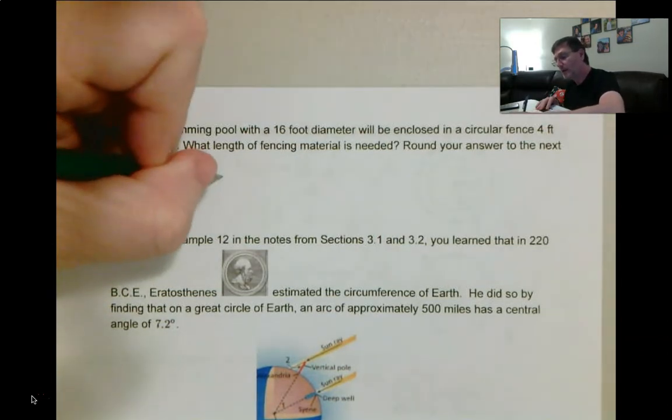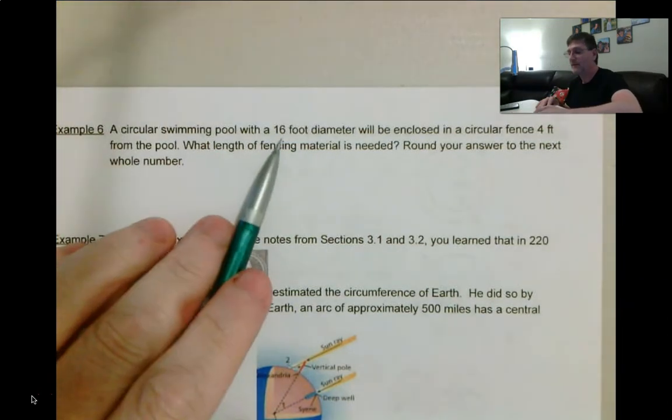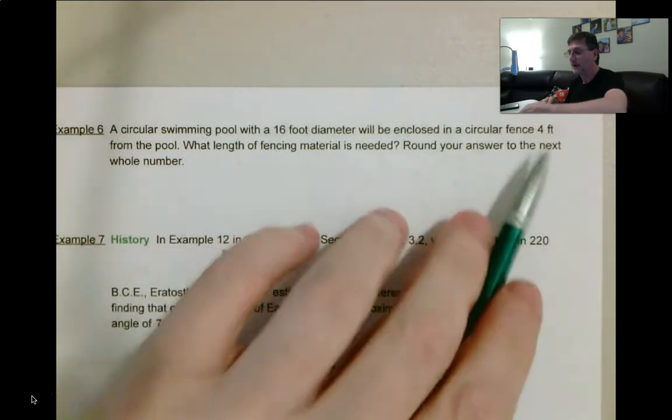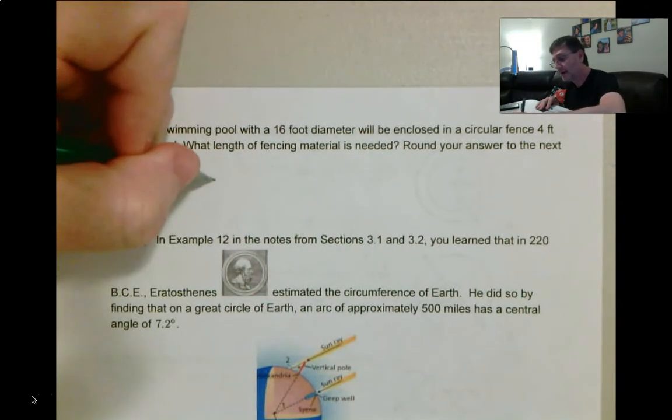So a common mistake is to say, well, if we've got a 16-foot diameter and we add 4 feet of fencing around it, then we're going to have a 20-foot diameter, but that is incorrect.